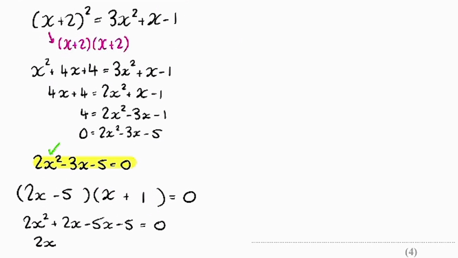So we're going to have 2x squared, and if we collect these terms together, we get minus 3x, and minus 5 here again. And if we have a look, this matches up perfectly to this. So we've now got this term and this term spot on.